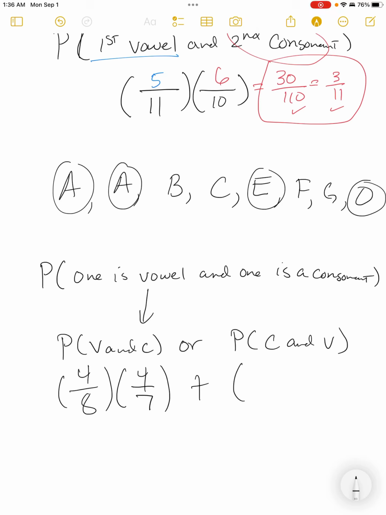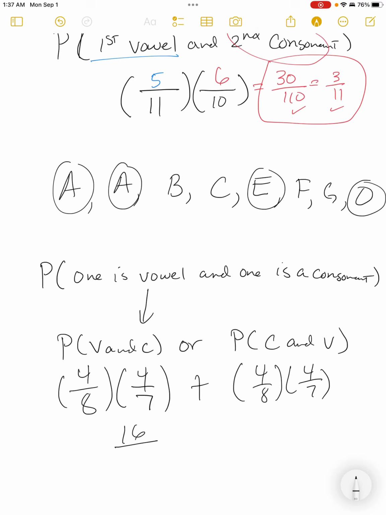Vice versa, if I look at the consonant happening first, there's 4 out of 8 consonants, and then 4 out of 7 vowels. It's not unusual. In fact, I think it almost always happens that the products are the same, and we're just adding them up. So 4 times 4 is 16. 8 times 7 is 56, right?